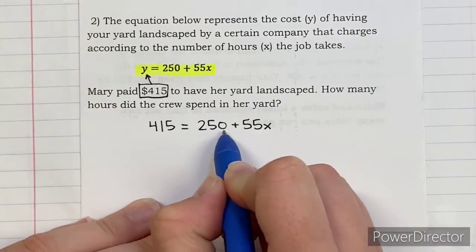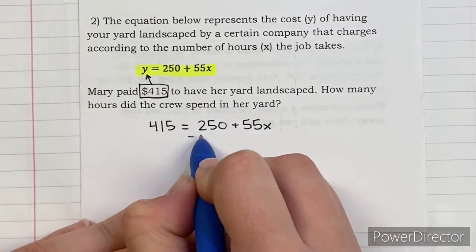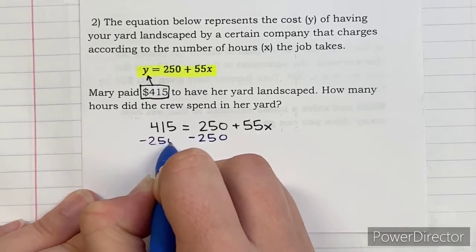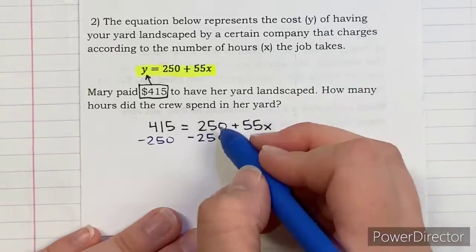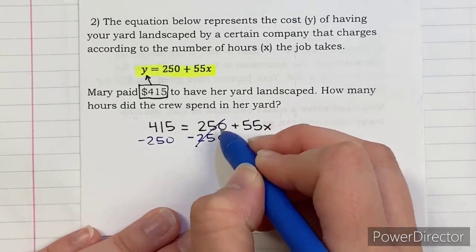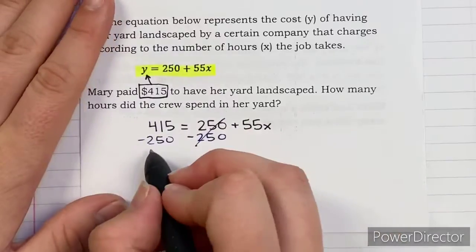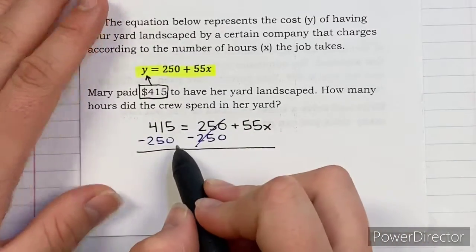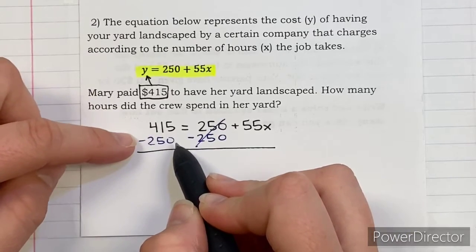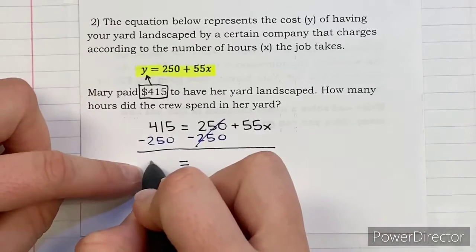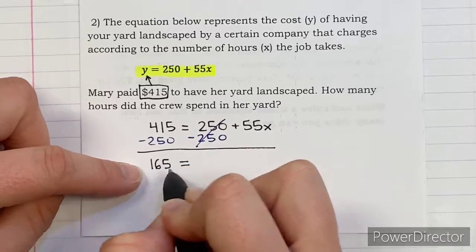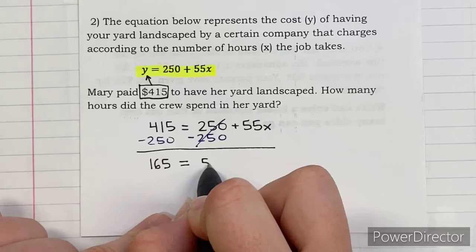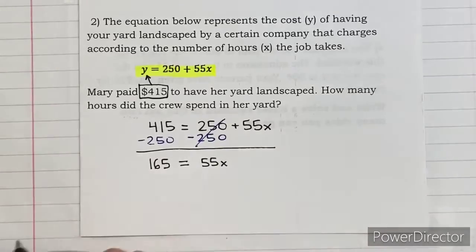This is a positive 250, which means I'm going to subtract 250 to get rid of it, and you have to do it to both sides. These 250s are going to go away, and then we just bring down everything. So 415 minus 250 is 165. Already brought down my equal sign, and then I've got 55x on the right that I did not do anything with yet.